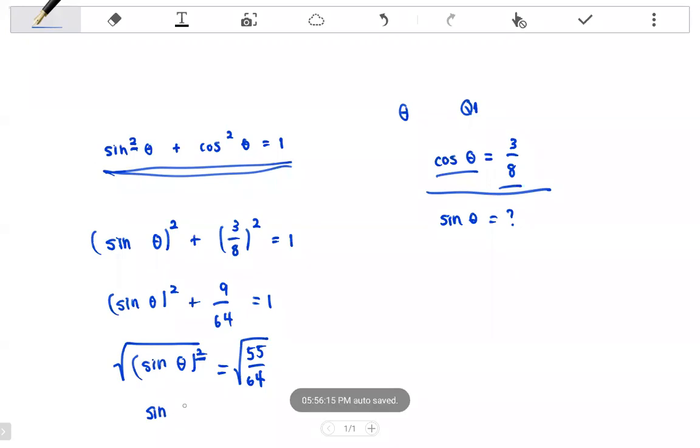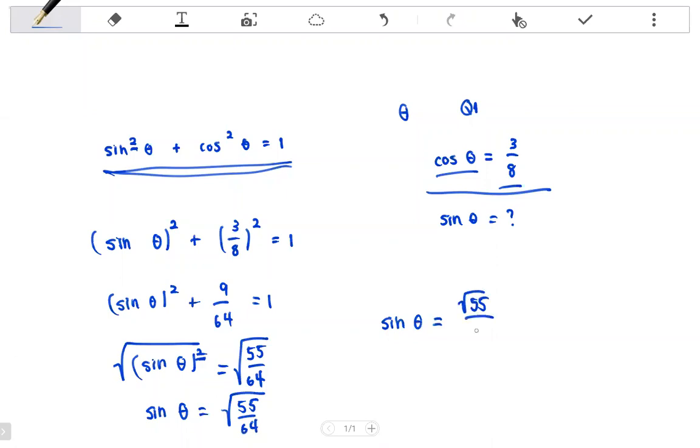So sine theta is the square root of 55/64. Or if you want to write it prettier, sine theta is the square root of 55 over 8, because the square root of 64 is 8, right?